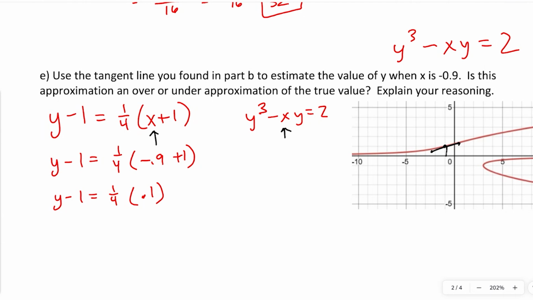Or what's 0.1 times 0.25? Yeah, it's going to be 0.025, right? You're just going to move that decimal place over 1. You're dividing by 10, essentially. Okay, so y minus 1 is going to equal 0.025. And then if I add 1 to both sides, I get y equals 1.025.